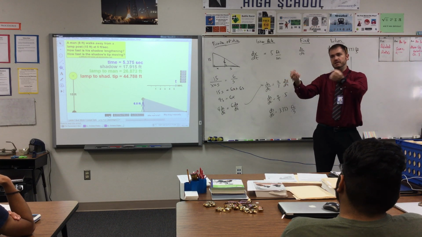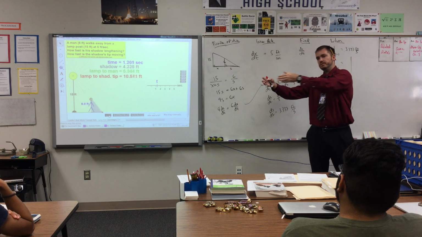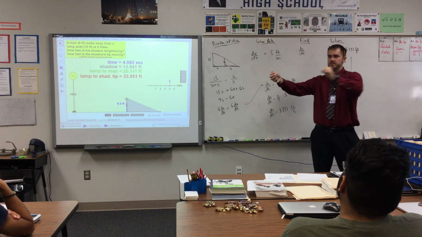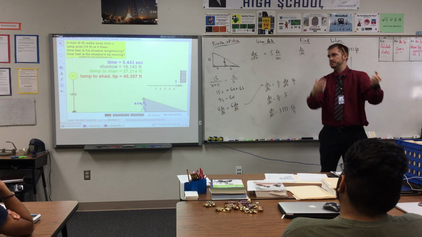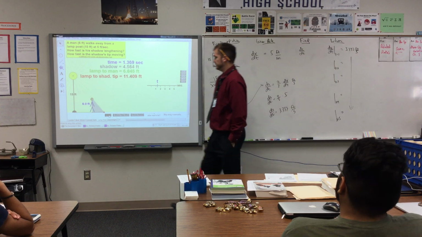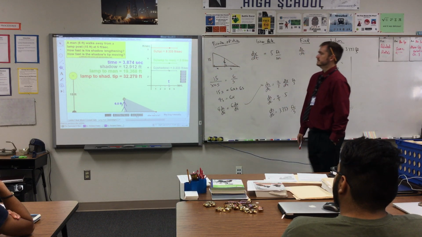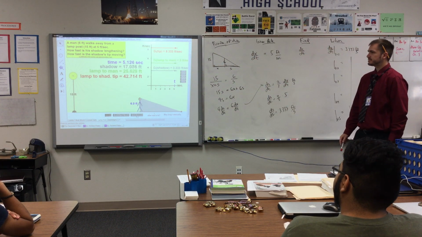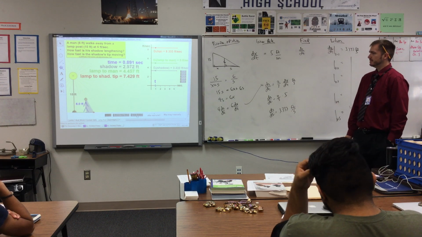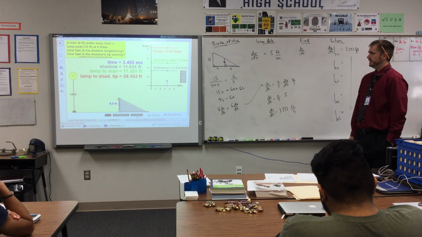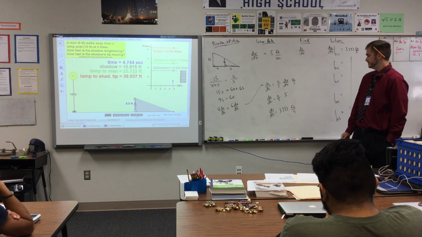It's moving away from him at roughly 3 feet per second, and he's moving away from the lamppost at roughly 5 feet per second. So the tip of the shadow must be moving 3 plus 5, so 8 feet per second. Wow. Kind of neat to see something like that.